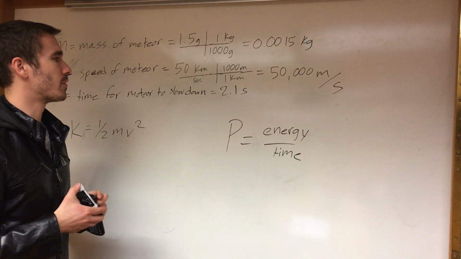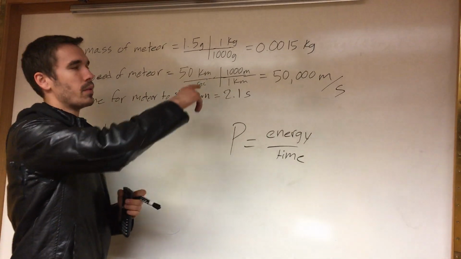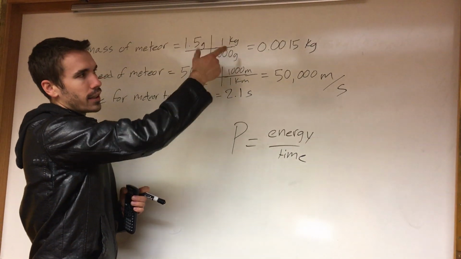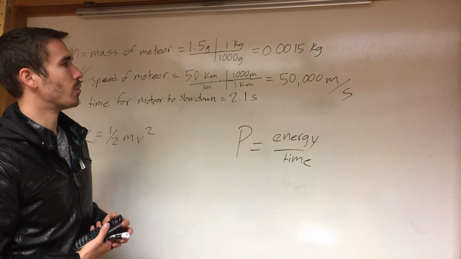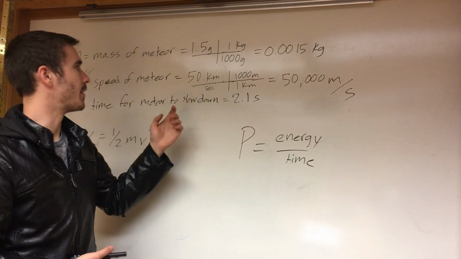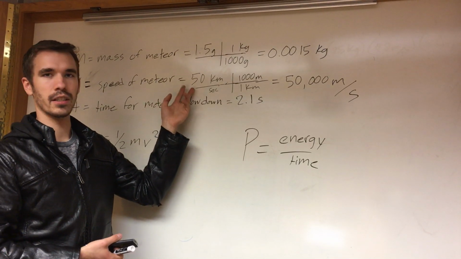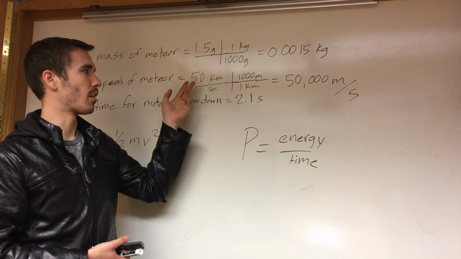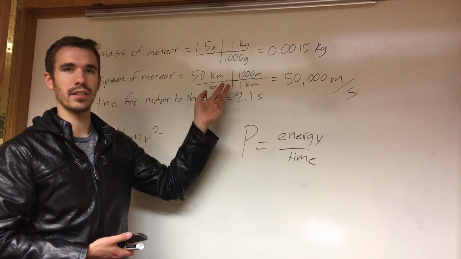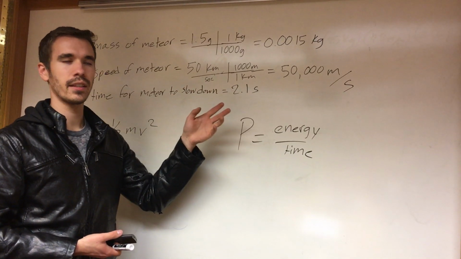So to get to both of those values that we need, we take our 1.5 grams and divide it by 1,000 grams to convert it to kilograms. So we get 0.0015 kilograms. And then for the speed of the meteor, we have to take our 50 kilometers and times it by 1,000 to get it into meters.